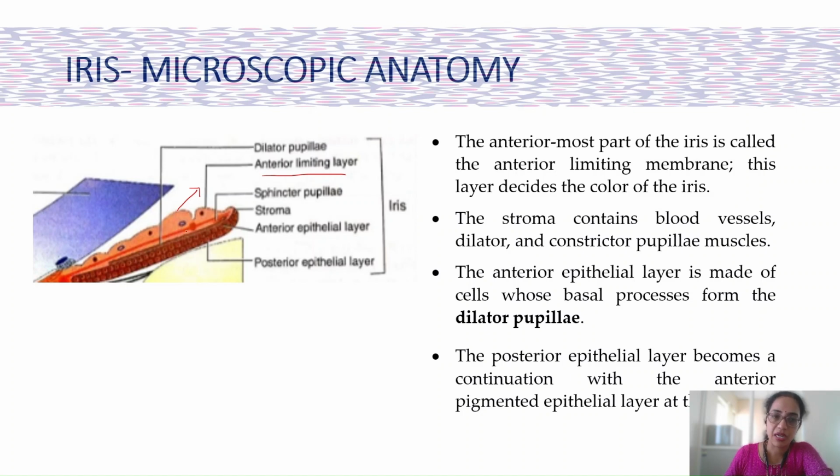It contains the blood vessels and the muscles, that is the constrictor pupillary muscle, also known as the sphincter pupillae, and the dilator pupillae. After the dilator pupillae, there is the anterior epithelial layer, and then there is the posterior epithelial layer.